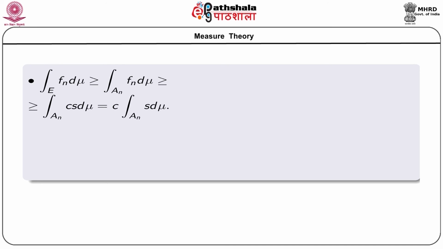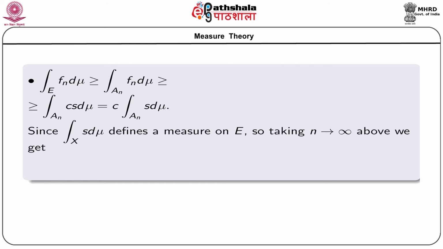But we know that the integral over A_n of c s dμ is equal to c times the integral over A_n of s dμ. We have already seen that for a non-negative simple function s, this particular integral defines a measure.